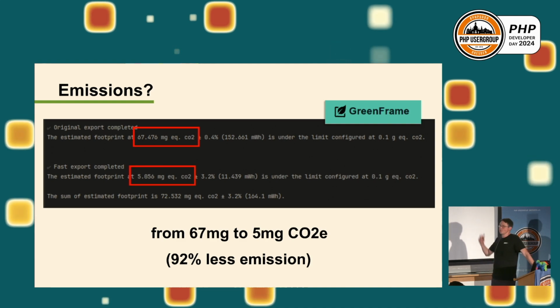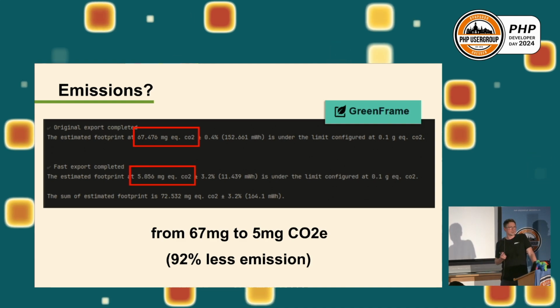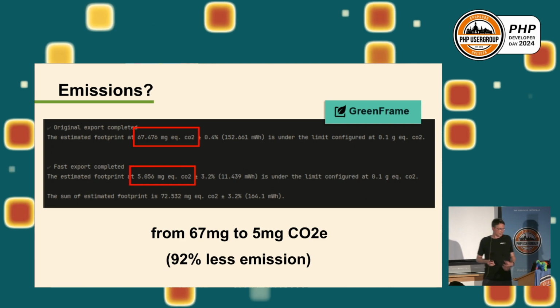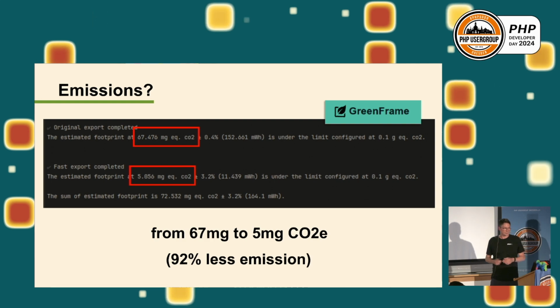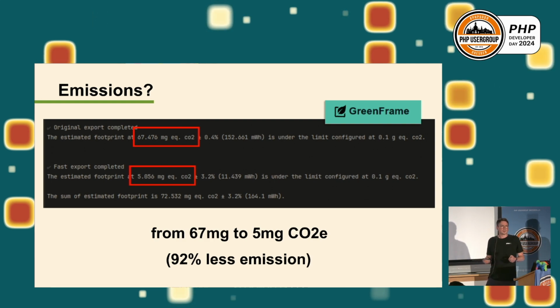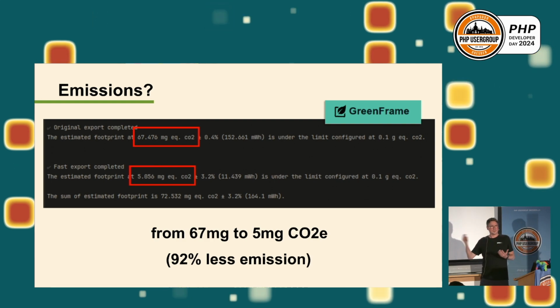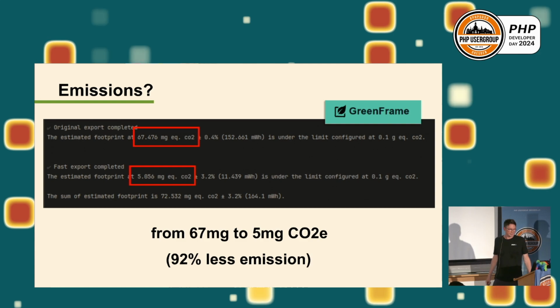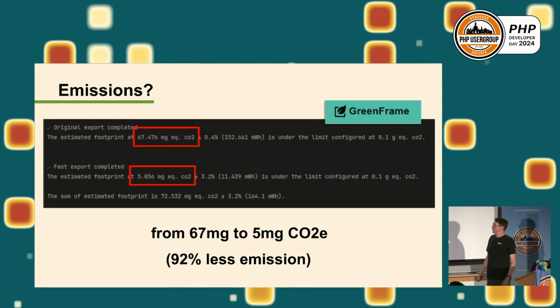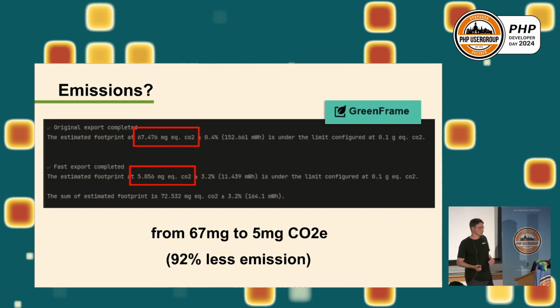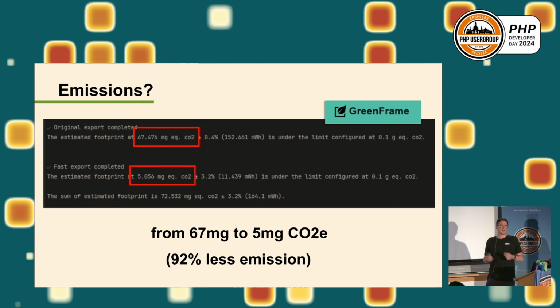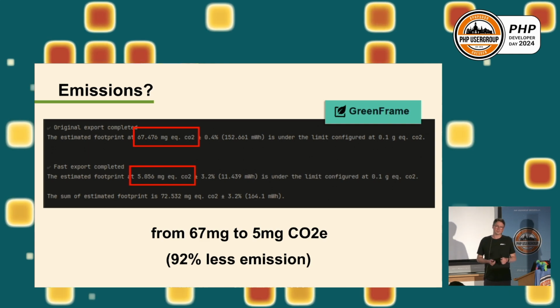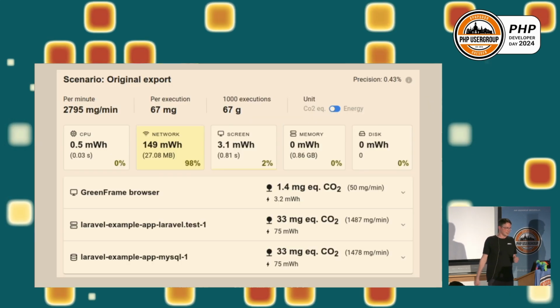Of course, now milligrams sounds like, should I even care? But imagine how many processes are running all the time in the world. If we can manage to reduce the emissions by 90% just because of these few little operations I did here, then I think it's worth considering. Global IT has a share of 4% of the global greenhouse gas emissions, so it's not insignificant.